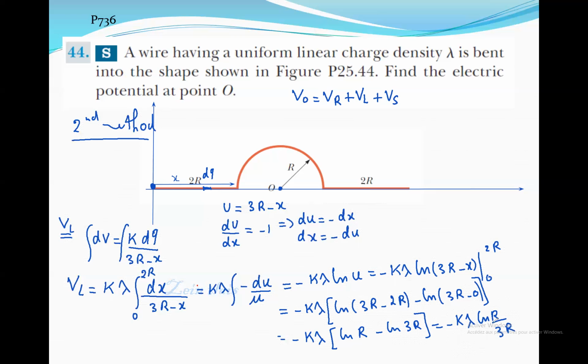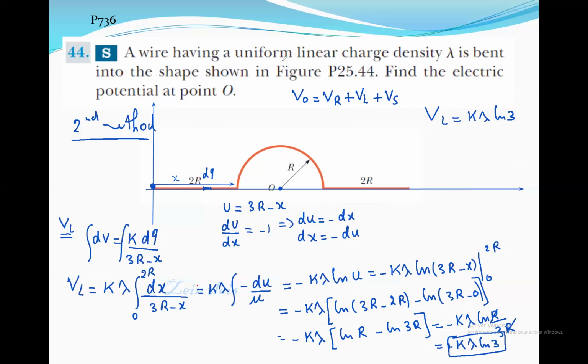Okay, we can eliminate r and r. We can put here plus, and we change it to 1 over 3. We get k lambda ln 3. As you see, we get the same value of V left we calculated before. So here we have V left equals k lambda ln 3.